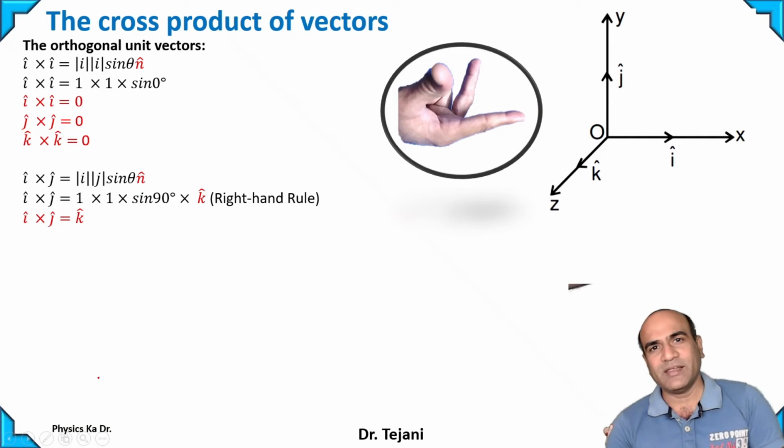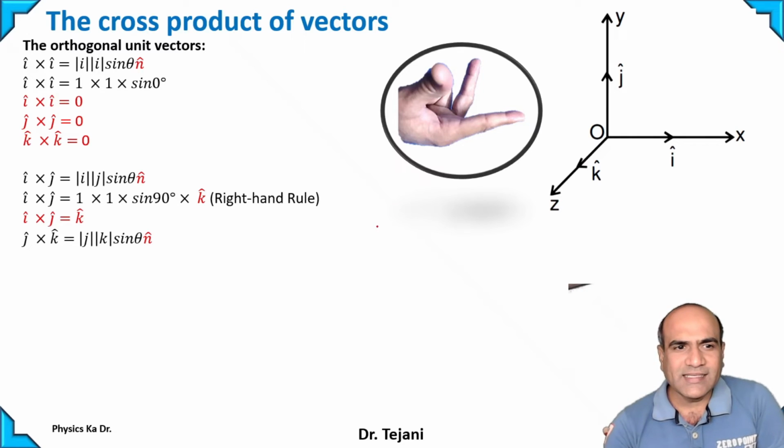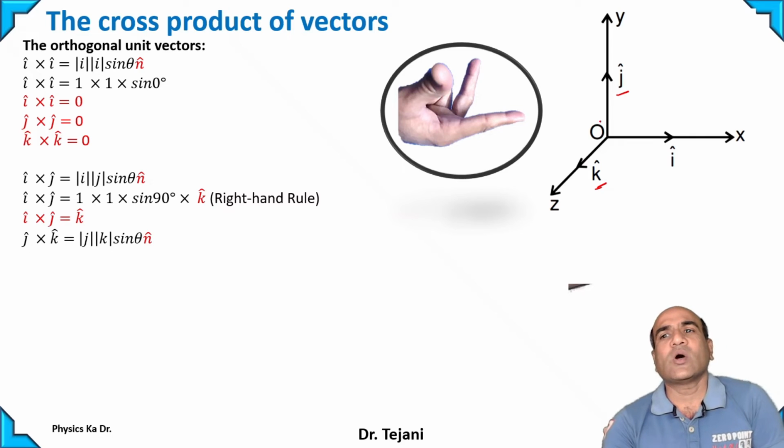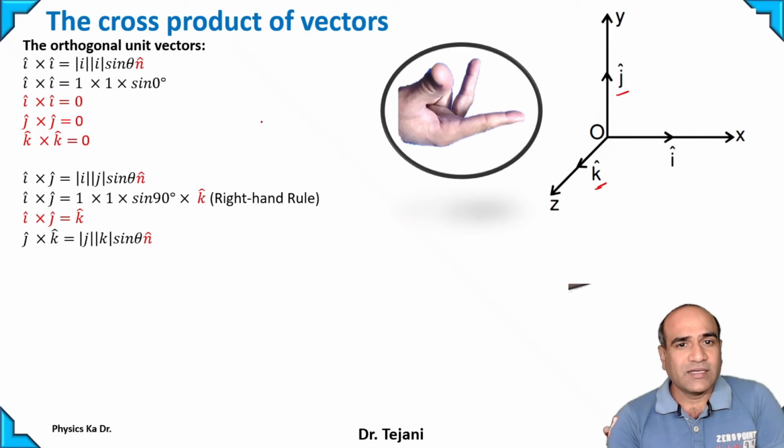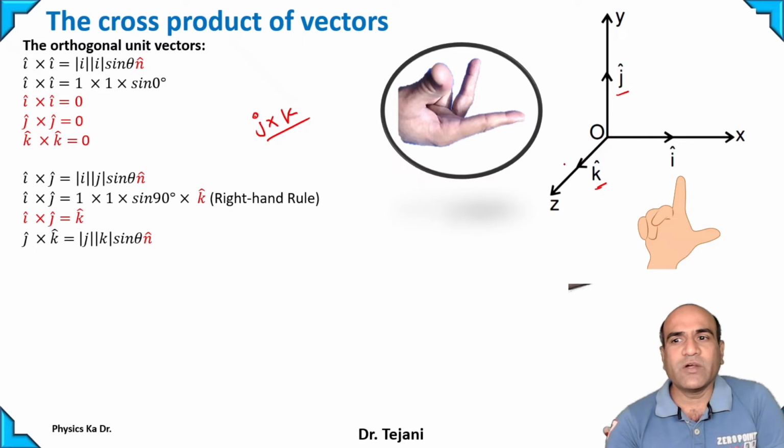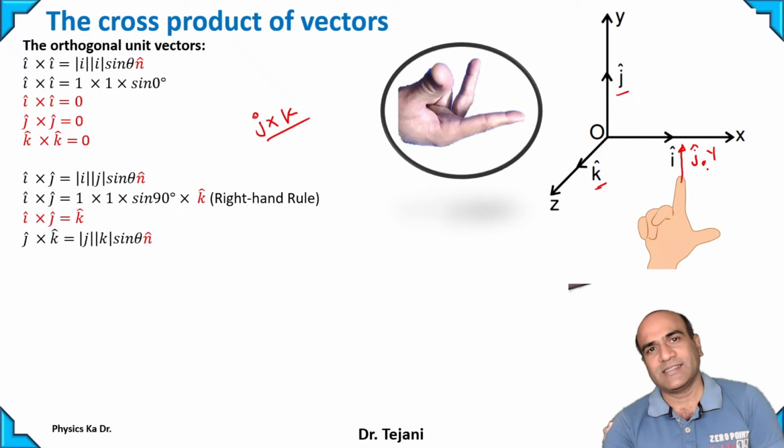It is very simple. It is the right hand rule. Then next, let us consider another one, j cross k. See, in j cross k, the order is important. First j is coming. So what we have to do? We have to take our right hand again, and the index finger should go in the direction of j, or we can say j is showing the y axis.